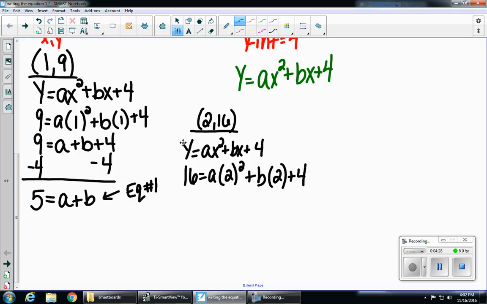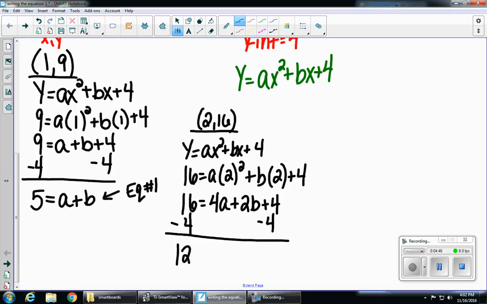So let's simplify this a little. 16 equals 4a plus 2b plus 4. Then once again, we're going to be solving a system of equations, so I want to move that 4 over to the other side. Subtracting 4 on both sides, we end up with 12 equals 4a plus 2b, and I'm going to call this equation number 2.